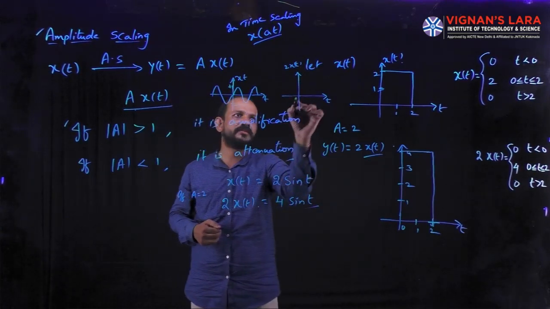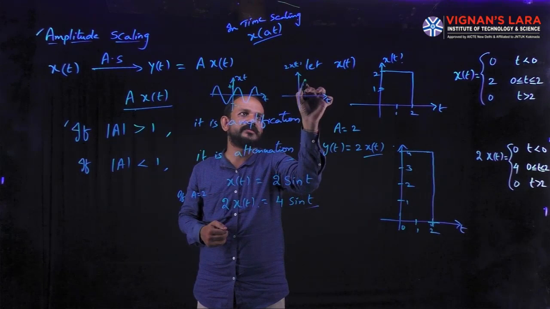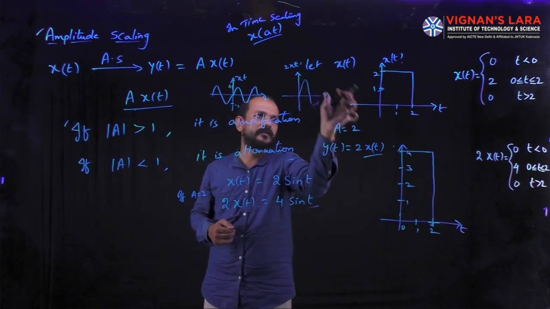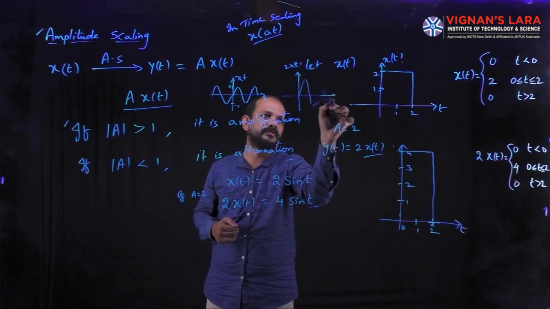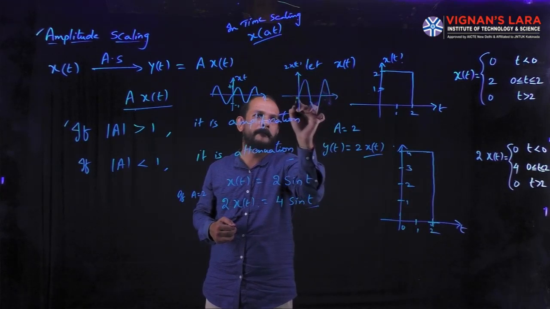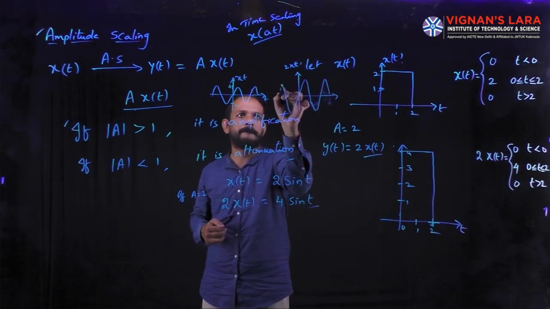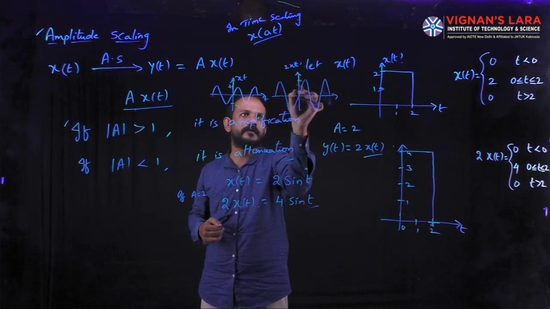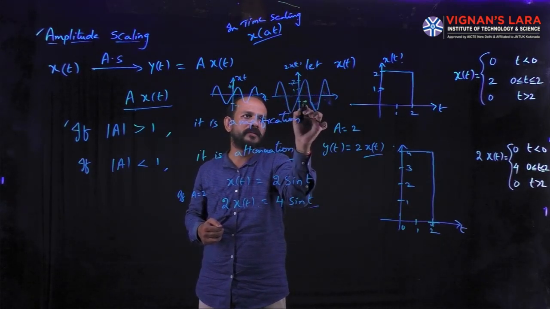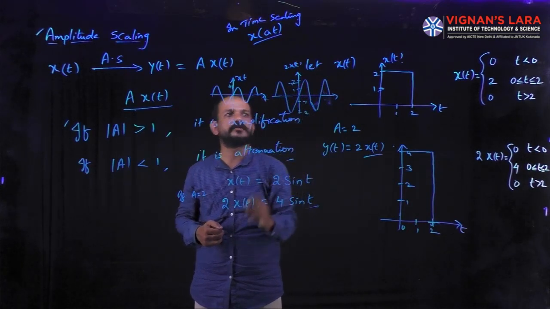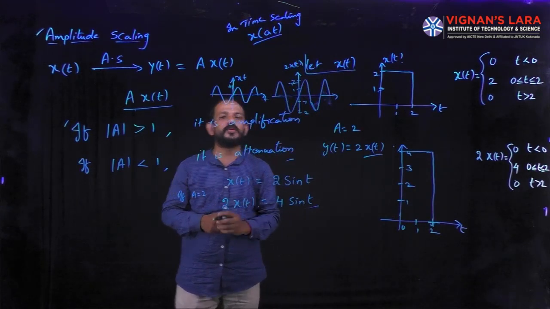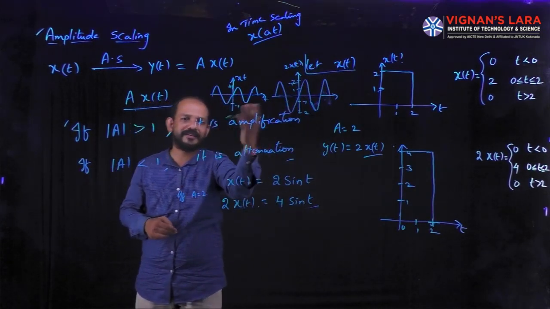So what happens? This will be increased. So this is plus 2, minus 1 becomes minus 2. So this is for 2x of t.